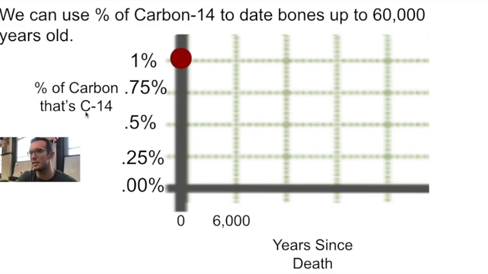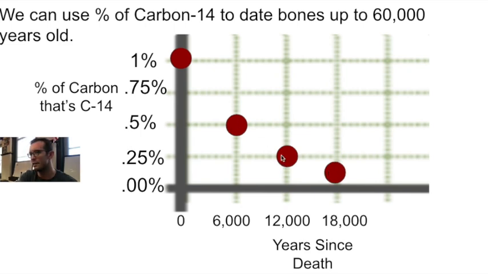After 6,000 years, half of that would have decayed, and it would only have half a percent of its carbon be carbon-14. And after another 6,000 years, half of it would decay again, and so on and so forth.